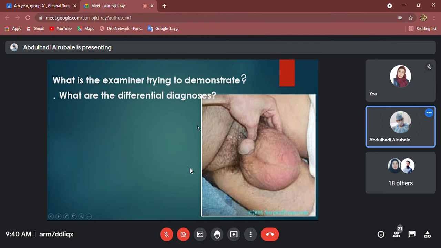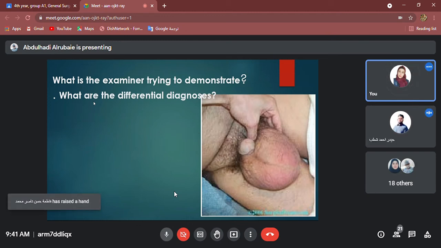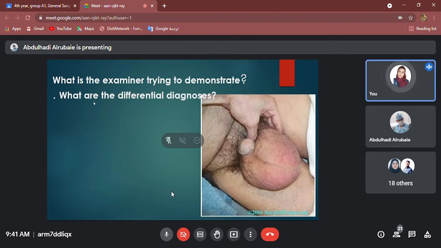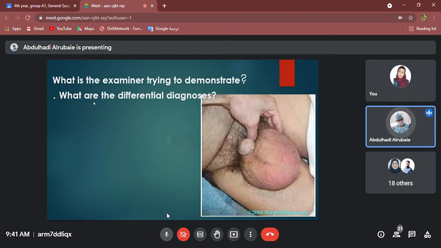Here is a picture, you see it, I will ask you of course: what is the examiner trying to demonstrate in this case? Who answers me? What is the examiner trying to demonstrate? Who answers? Yes. What is the examiner trying to demonstrate, whether he could get above the swelling or not?